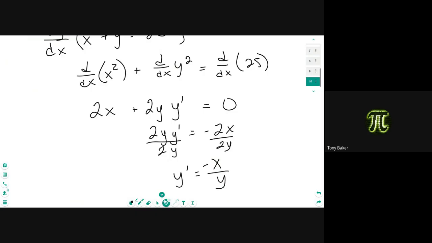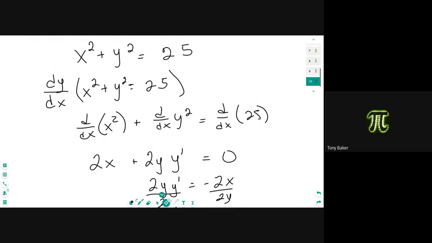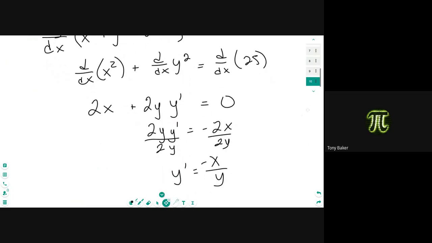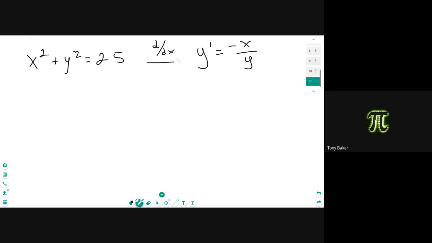So the derivative of that is that. On that circle, I could pick any point, and I'd plug it into that, and it would find me my derivative.